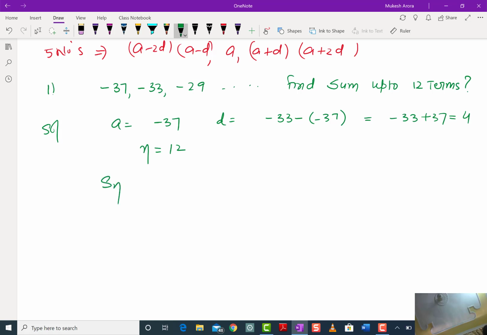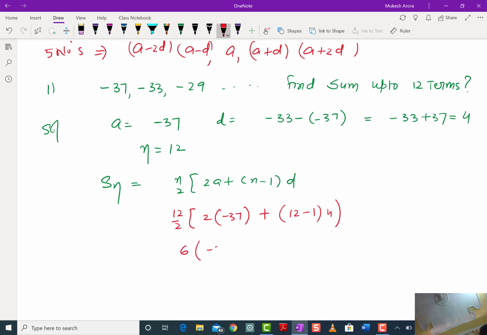We have to find the sum, n by 2 into 2a plus n minus 1 d. So 12 by 2 into minus 74 plus 11 into 4, which is 6 into minus 74 plus 44, so 6 into minus 30 is equal to minus 180.